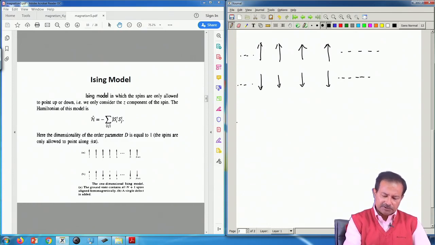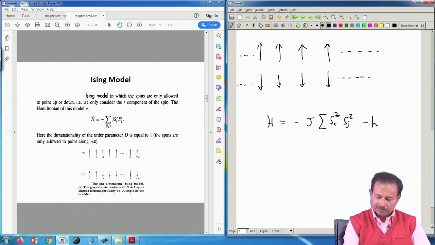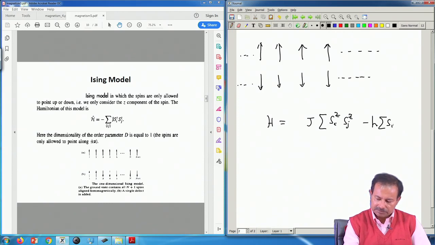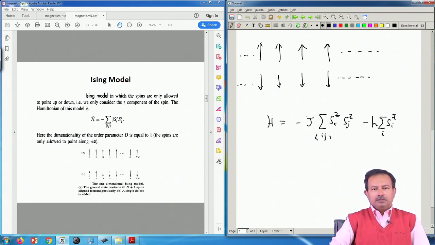You can also add a field to this, so that the Ising model is, for example, minus J S_i^z S_j^z minus h times S_i^z, or you can take plus J if you want, hardly matters. So that the spins will try to align along the S^z direction.